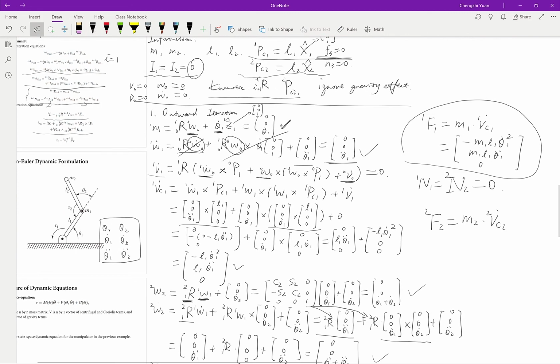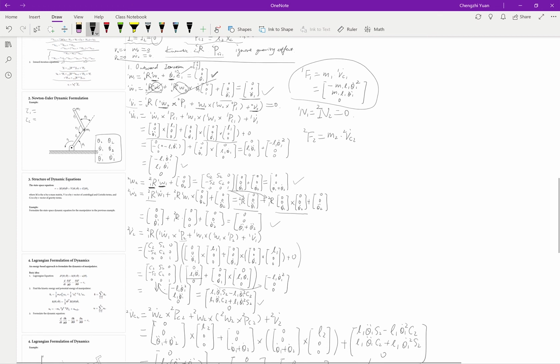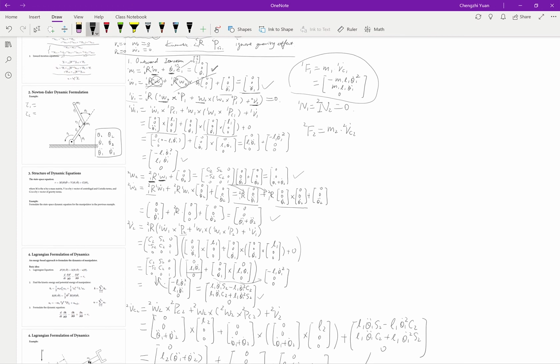Let me try to copy these equations to here. n_i equals capital N_i plus rotation matrix R_i,i+1 times n_{i+1}, i+1.